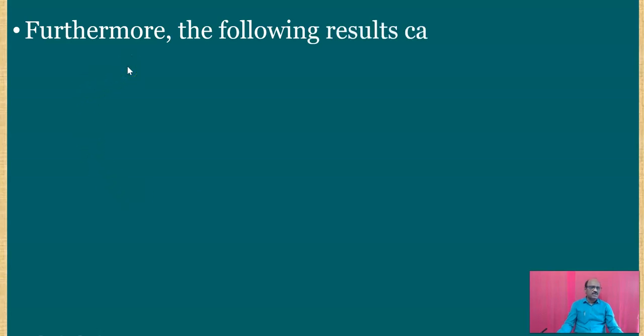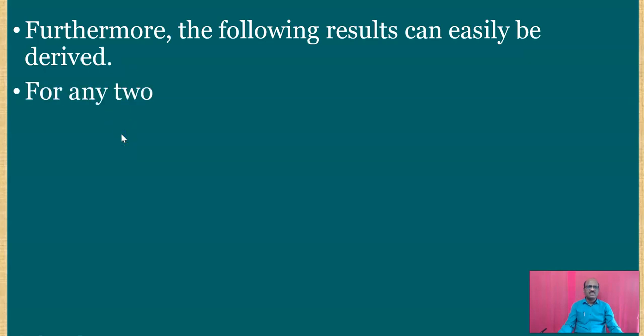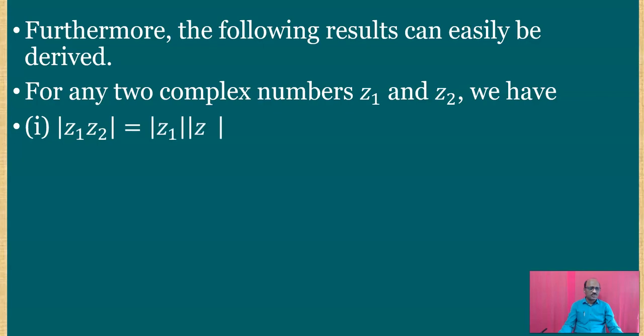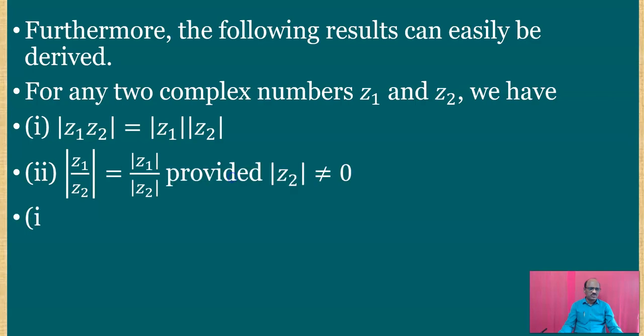Furthermore, the following results can easily be derived. For any two complex numbers z1 and z2, we have mod of z1 into z2 is equal to mod of z1 into mod of z2. Second, mod of z1 upon z2 is equal to mod of z1 upon mod of z2, provided that mod of z2 is not equal to 0.